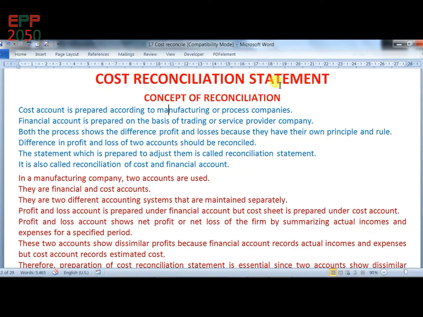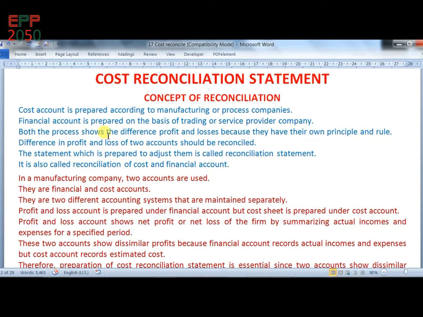Cost reconciliation statement. Concept of reconciliation. Cost accounting is prepared according to manufacturing or process companies. Financial account is prepared on the basis of trading or service provider company.